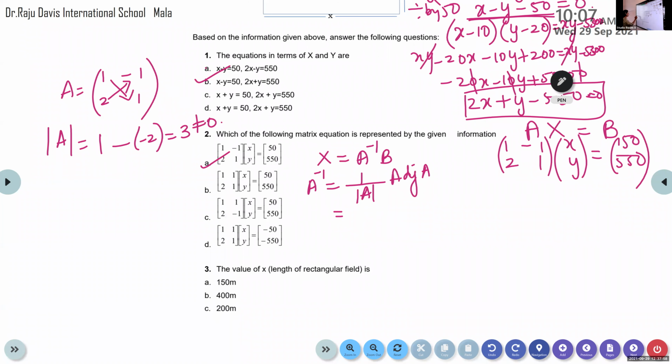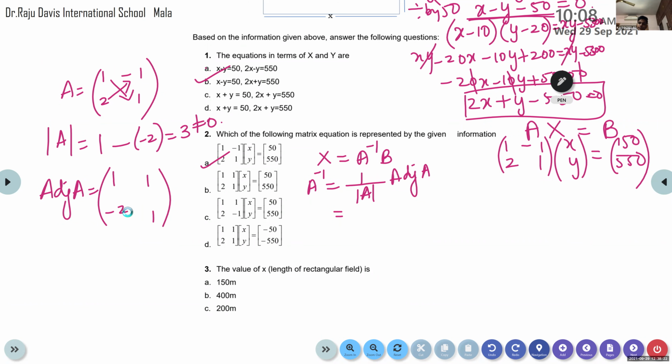Then how to find adj? It is the transpose of the cofactor matrix. So how will you find the adj for a 2 by 2 matrix? What is the easy method I gave? You interchange the diagonal elements, change the sign. Is that not so? Are you able to recall it, Karthik? Yes, ma'am.